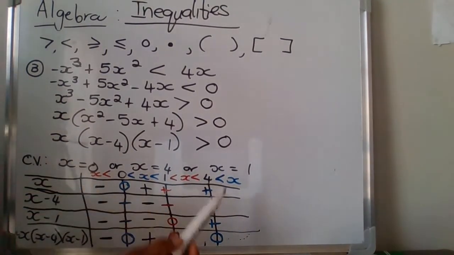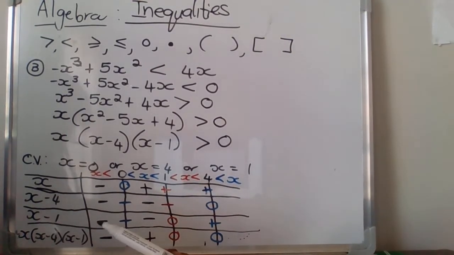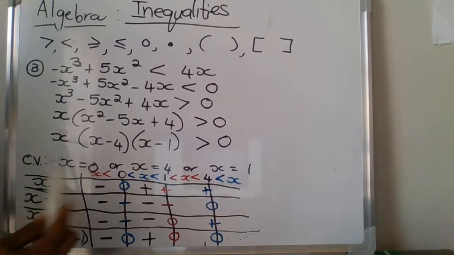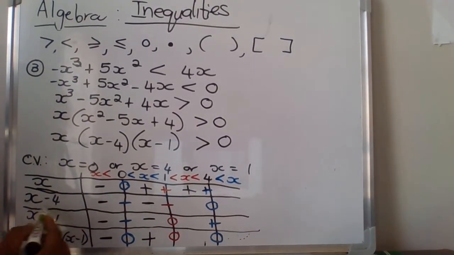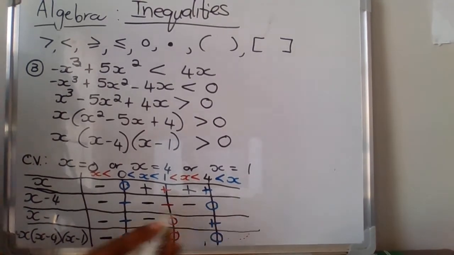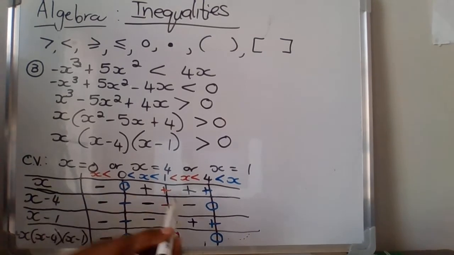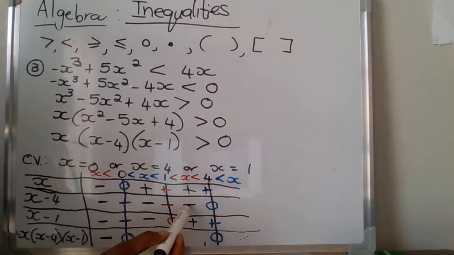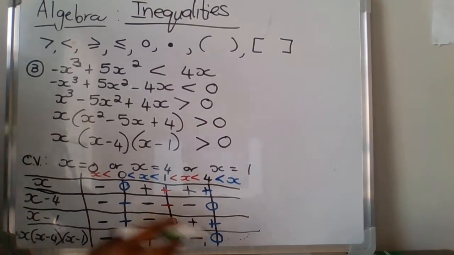All right. Now, when x lies between 1 and 4, let's choose 2. X here becomes a positive value. 2 minus 4 is negative. 2 minus 1 is positive. So you get a positive times a negative, which is a negative, times a positive, you get a negative value.